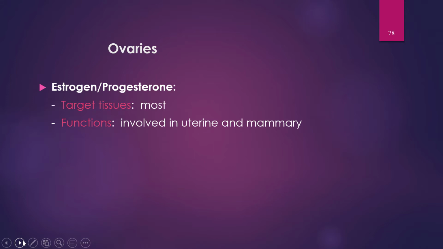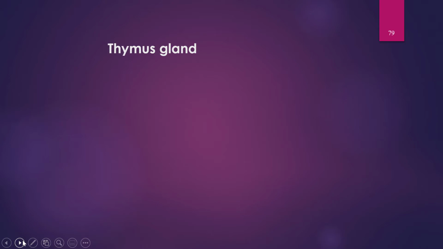It is involved in uterine and mammary gland development and the menstrual cycle. I went through the ovaries and the testes very quickly because we're going to go over them again in the reproductive system.